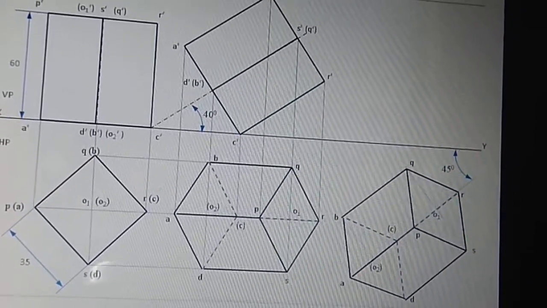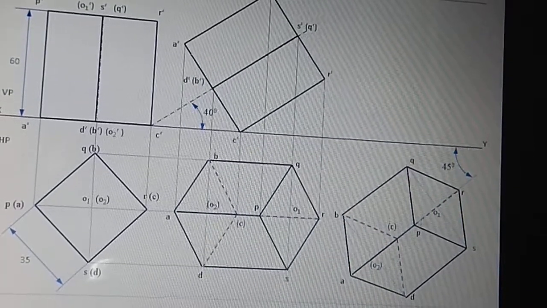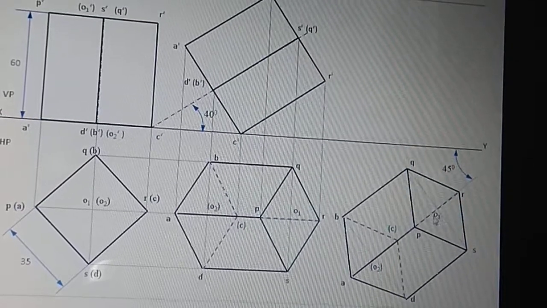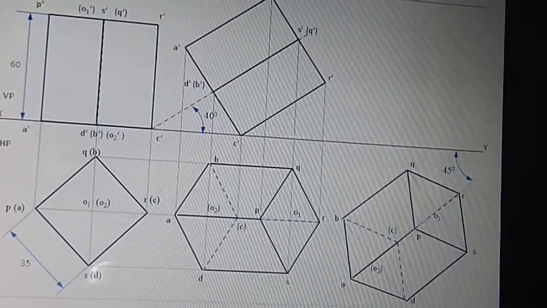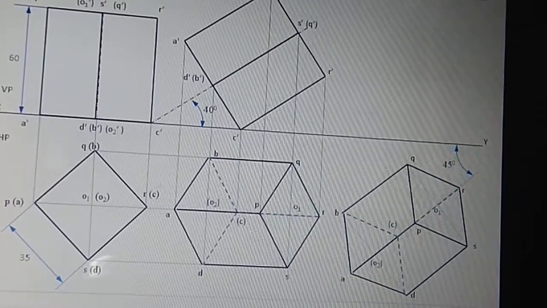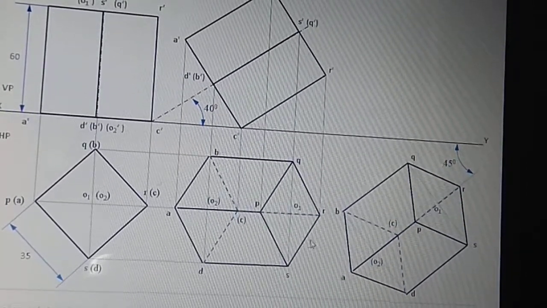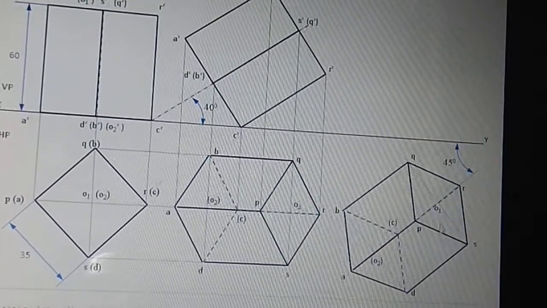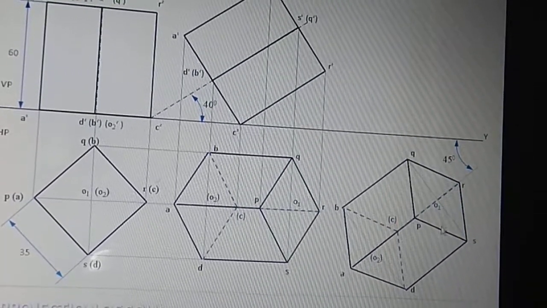So this indicates the axis of the square prism, O1 O2, appears to be, meaning directly we have to take it at 45 degrees. Appears to be means in the third position, the second position top view, whatever you are getting, we have to place it on the 45 degree line without any changes. Directly we have to place it on the 45 degree line.